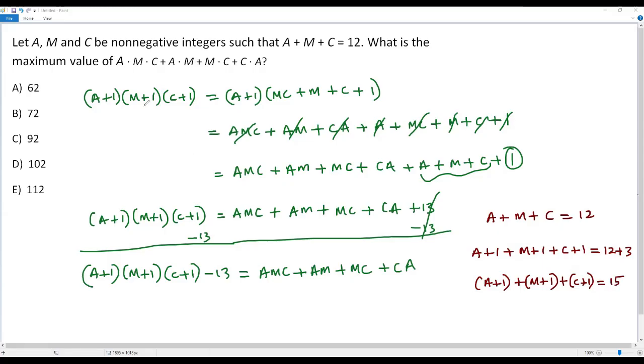Already we know that A, M and C are non-negative integers. When I add 1 to the non-negative integer A, A + 1 also must be a non-negative integer. The same holds for the other two. Here we have the addition of 3 non-negative integers. When we have the sum of 3 non-negative integers and we want their product to be maximum, then the values of the 3 integers must be close to each other.